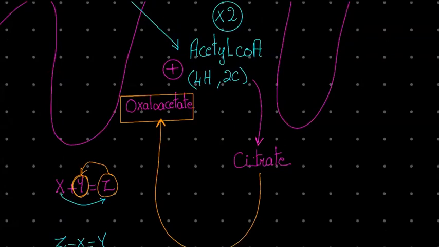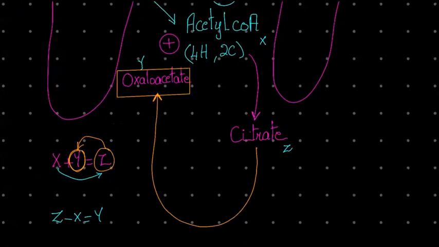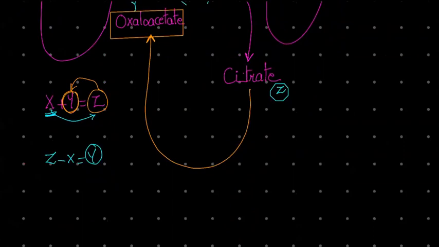It's going to be the oxaloacetate. Who's going to be the X is my acetyl-CoA. Who's going to be the Z is going to be the citrate. So I'm telling you that the citrate will become oxaloacetate, will become the Y. So I need to subtract the X. So I'm losing the acetyl-CoA. This is what I will be losing through this cascade of reactions.